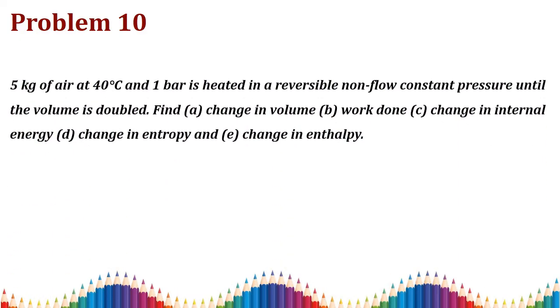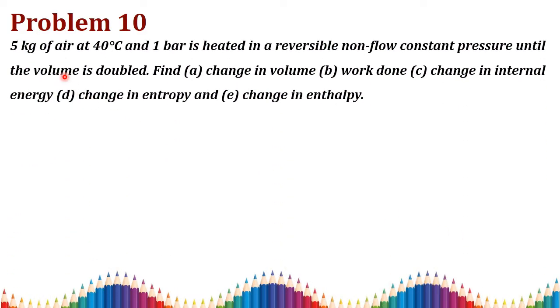Problem 10. 5 kg of air at 40 degrees Celsius and 1 bar is heated in a reversible non-flow constant pressure process until the volume is doubled. Here the mass of the air is given, 5 kilogram, at 40 degrees Celsius, so the initial temperature of the air is 40 degrees Celsius and the initial pressure P1 is 1 bar.